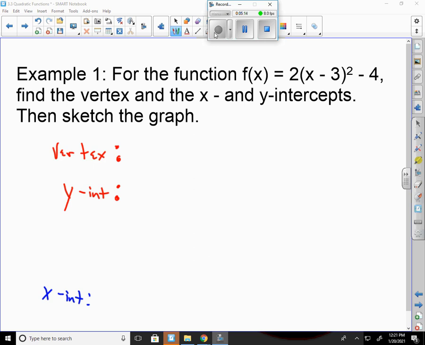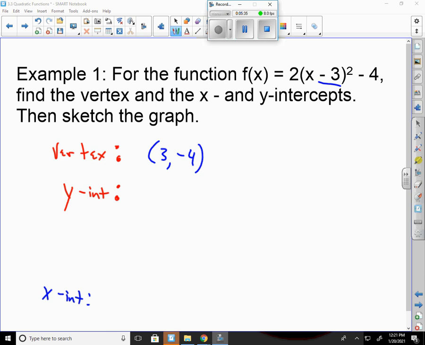To find the vertex, all I do is take the opposite sign of this, which makes it a positive 3, and then keep the sign on this. Opposite h, keep the k. So my vertex is 3, negative 4. Now you can figure out everything else on your own, and that's it.